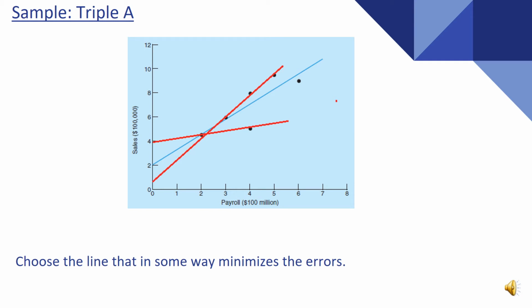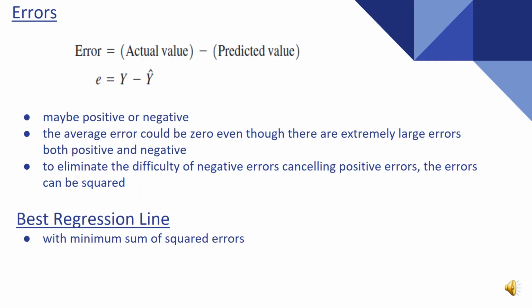Although any number of lines can be drawn through these points to show a relationship between x and y, the line that will be chosen is the one that in some way minimizes the error. Error is defined as actual value minus predicted value. Errors may be positive or negative.